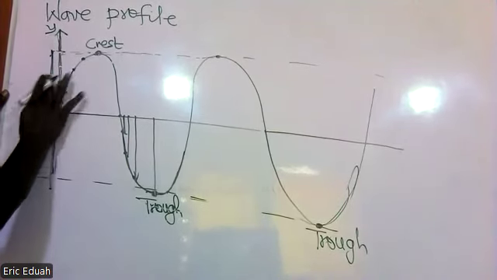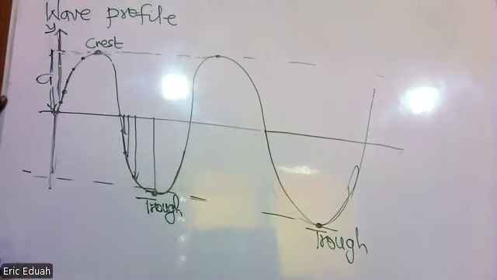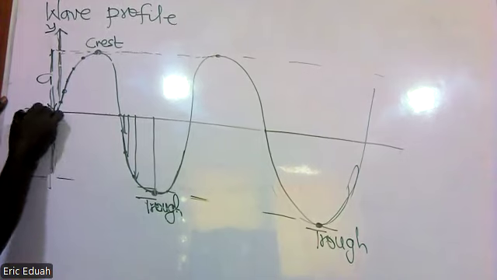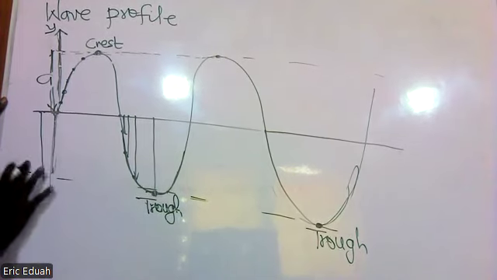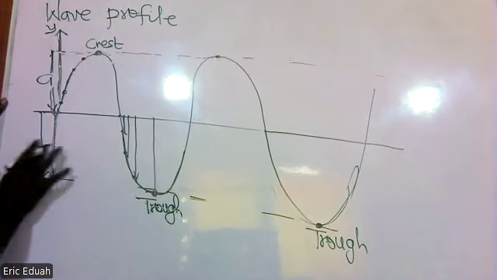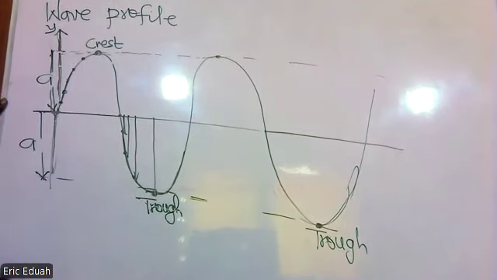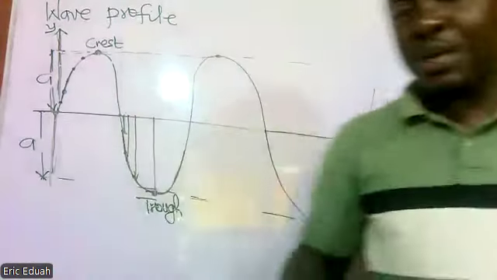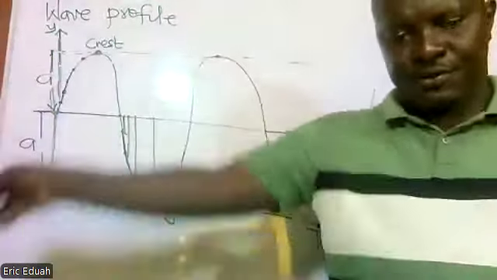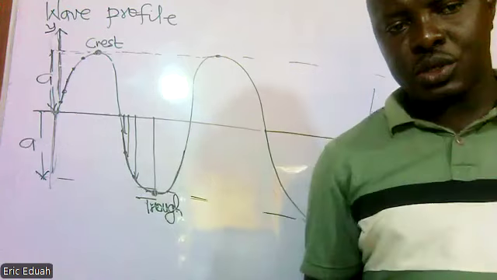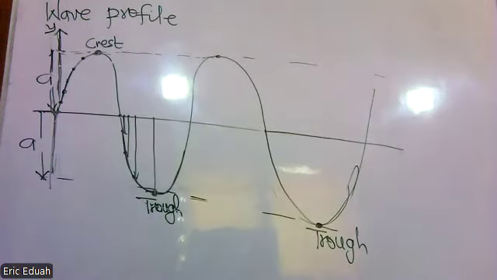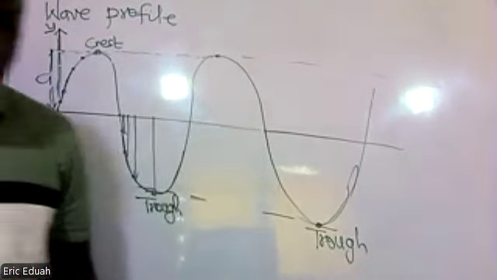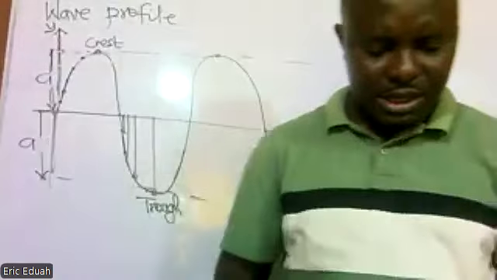So this is the amplitude, A. Another same amplitude is measured from X to where the trough is. So we define amplitude as the maximum displacement of a wave. The crest is the maximum upward vibration of particles.